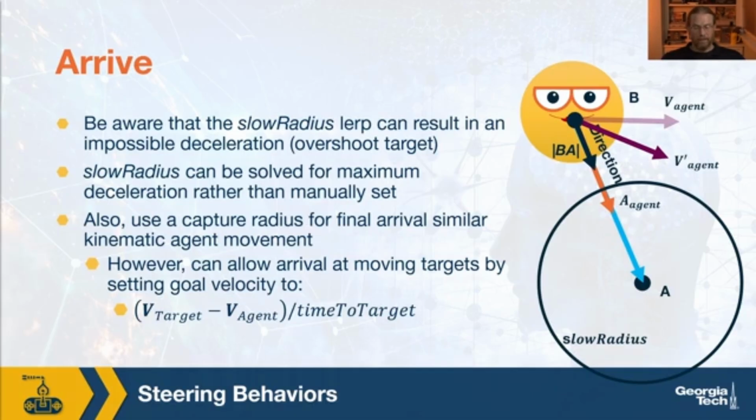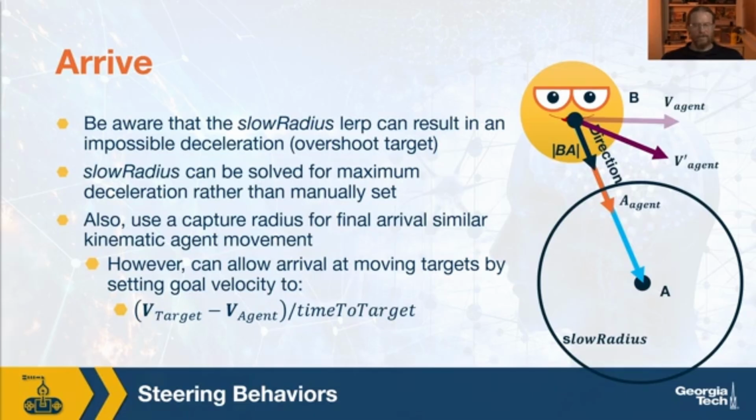In terms of defining the slow radius, you could just fiddle with it and through testing get it to where it doesn't overshoot. But you could also solve this directly if you refer to the introductory physics you've taken before in high school or freshman college.